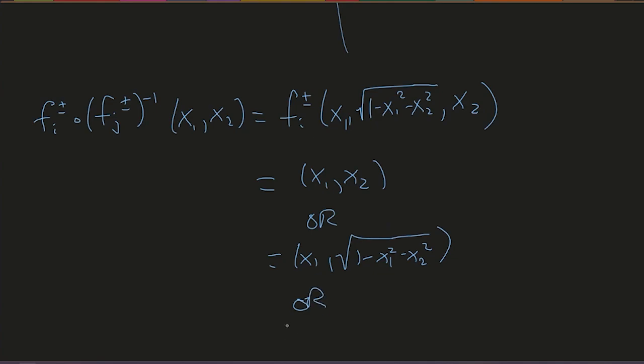Or, I mean, I'm not going to write the square root for the last time, but something like this, obviously, and leaving the x2, etc. So it really just depends on what the i and the j are.